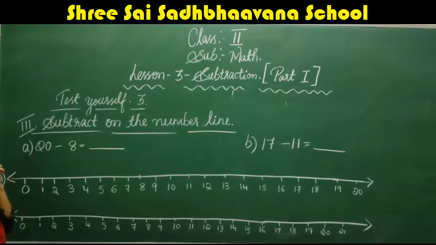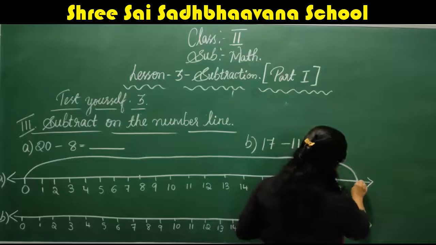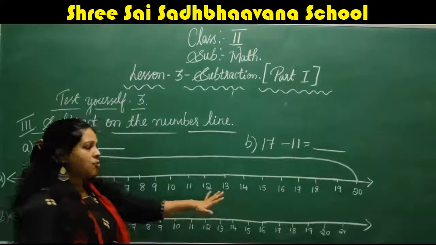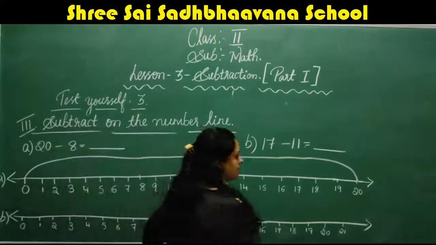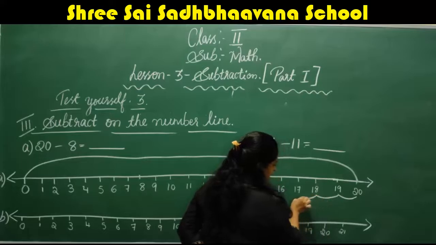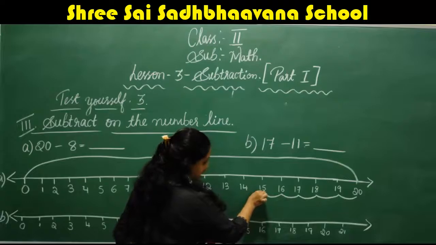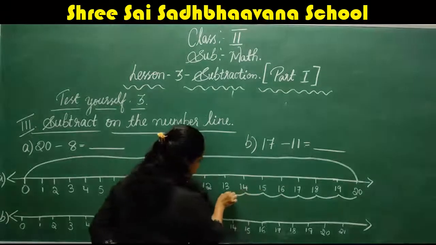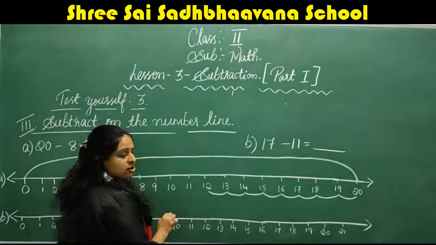Okay, so let me draw the lines now. I will draw the lines 0 to 20. Now from this I have to subtract 8. From here to here, 1, 2, 3, 4, 5, 6, 7, 8. So what's the answer I got now?